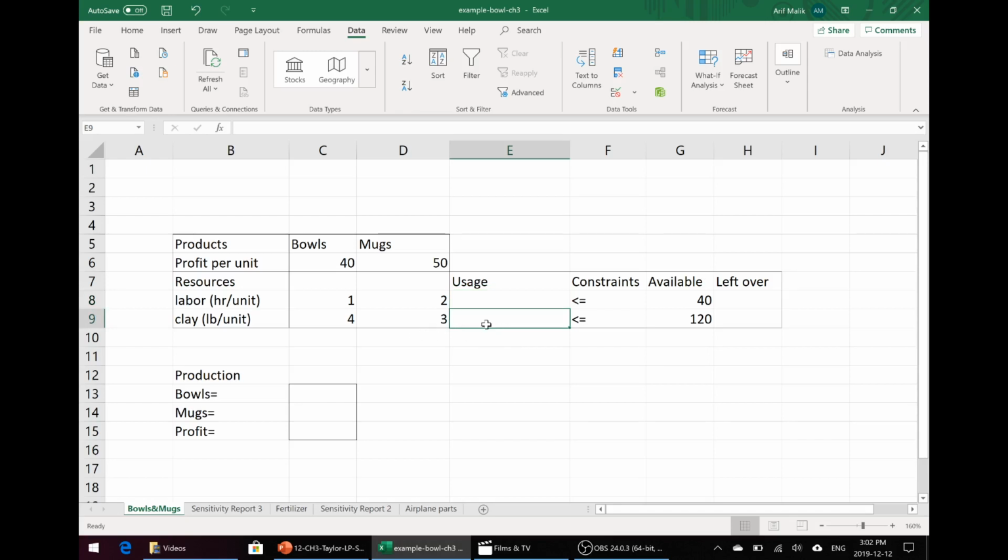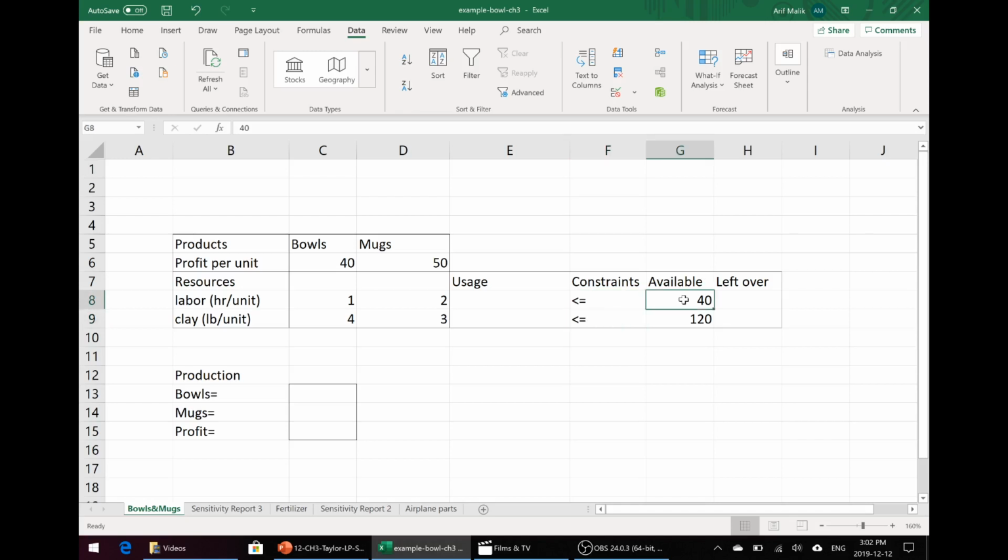These constraints we have put over here, less than or equal to. These are not the actual constraints used in Solver. Solver has separate constraints. This is just to show symbolically that these are less than or equal to constraints.